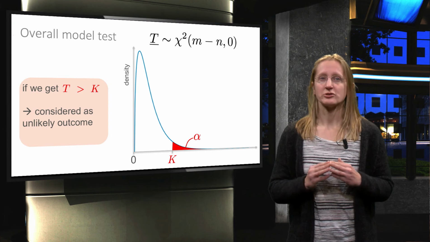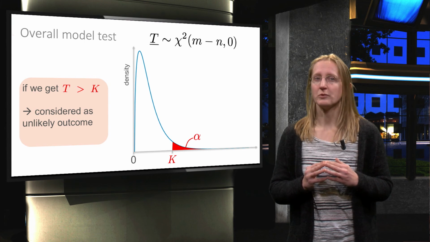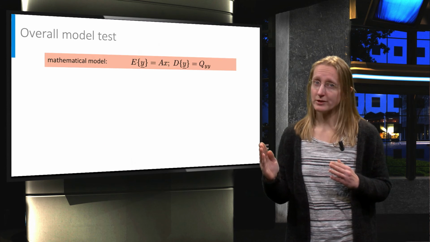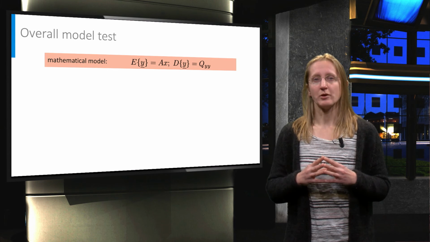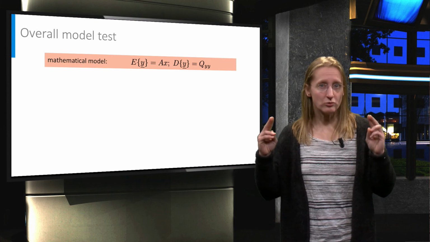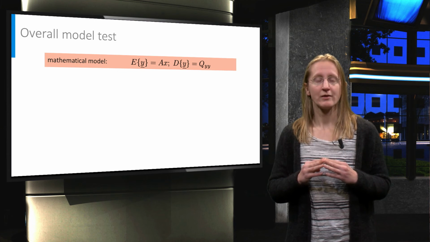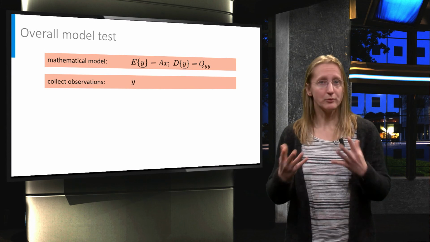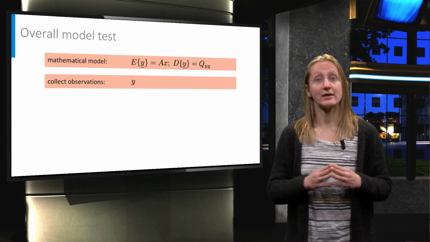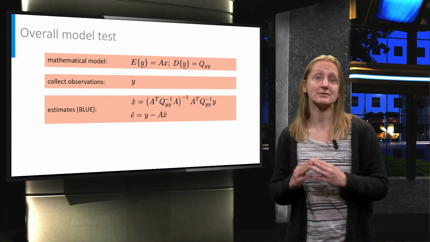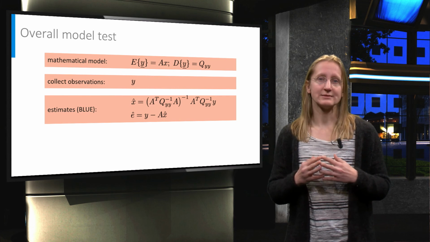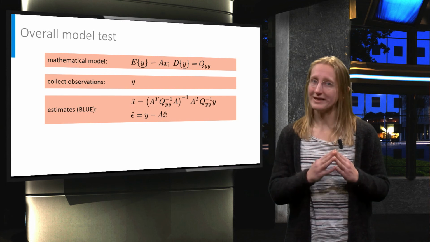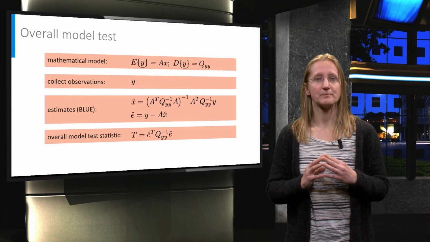The test procedure just described is the so-called overall model test. In summary, for an estimation problem, we will have our nominal mathematical model. We collect our observations y, then apply BLUE to get estimates x hat and corresponding residuals e hat. We calculate the test statistic t being the weighted sum of squared residuals.